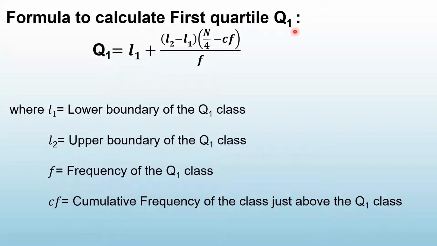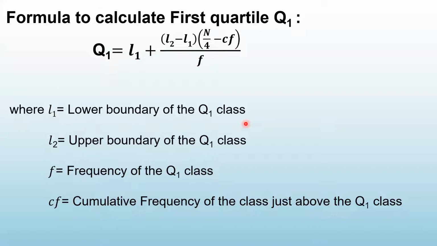To calculate the first quartile Q1, the formula is L1 plus (L2 minus L1) into (n by 4 minus CF) divided by F. You will notice that in the median formula it was n by 2 in place of n by 4, everything else is the same. So if you have remembered one formula, and if you have understood, the other formulas are similar. Okay, so Q1 is L1 plus (L2 minus L1) times (n by 4 minus CF) divided by F. Now what are these L1, L2, F and CF?